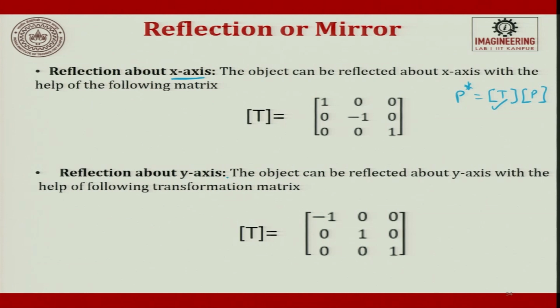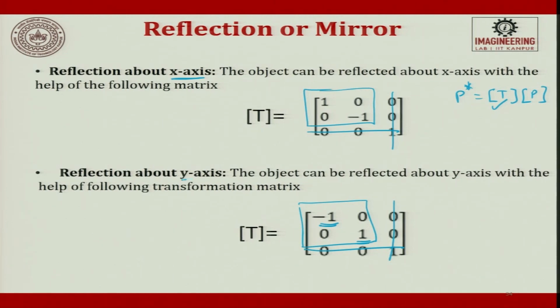When the transformation is about the y axis, you will have minus here and plus here. The rest will all be the same. As far as 2D is concerned, in the transformation matrix the last row will always be 0 0 1. The transformation only changes in this region.